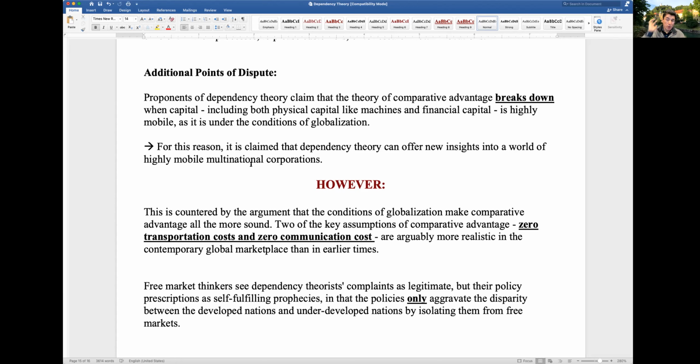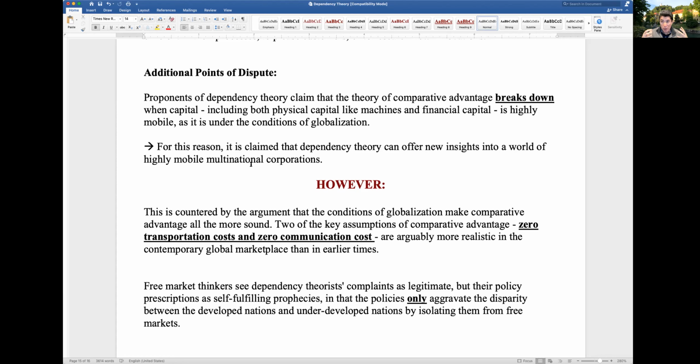So remember, the comparative advantage principle that David Ricardo and Adam Smith explained 2 centuries ago, we didn't have the sophistication of financial markets and transportation that we have today.